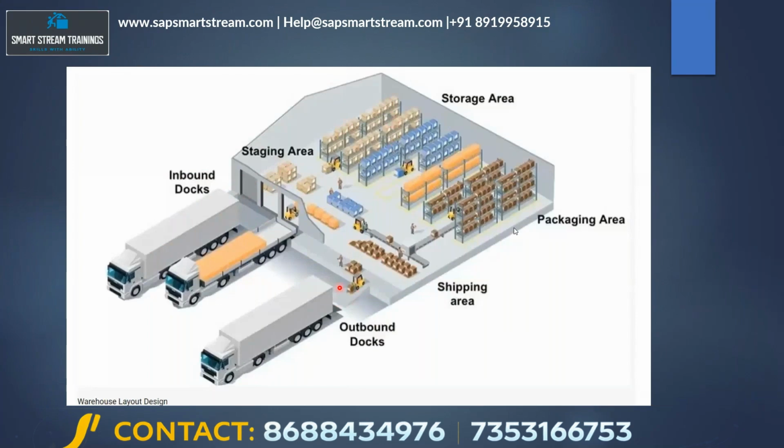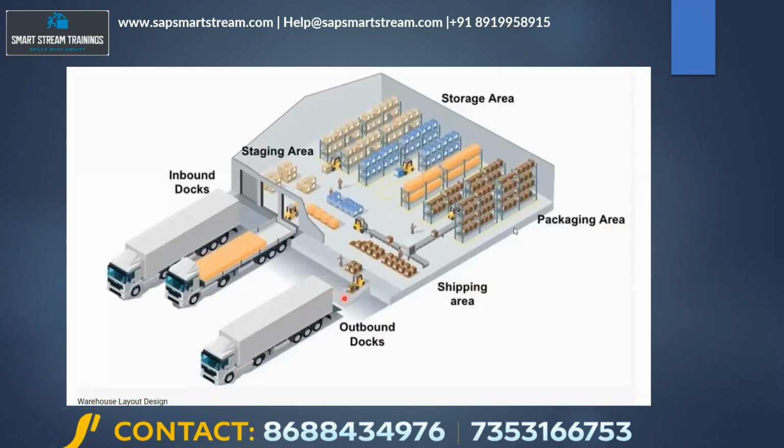This is the outbound docks, outbound area. What these users do is pick the products and keep them here for a while, and then once the truck is ready, this truck will be available in the parking area. It is not always assigned to the door here. From the parking, they will come and assign it to the door.